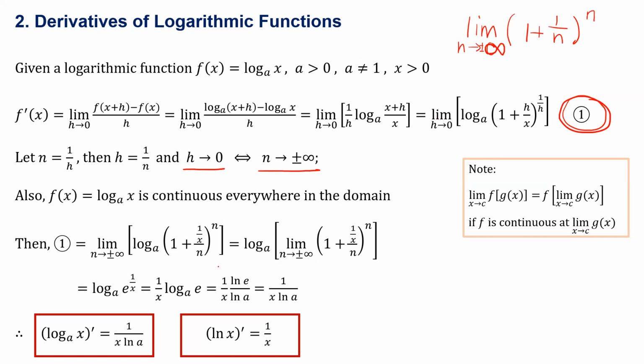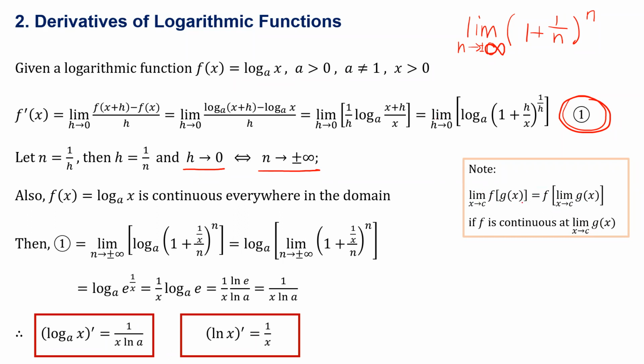So that can be rewritten as log base a. We can change the order of the limit and logarithm, right? We have learned this rule before in our very first chapter. The limit of f of g of x as x approaches c equals f of the limit of g of x as x approaches c, if f is continuous at the limit of g of x.